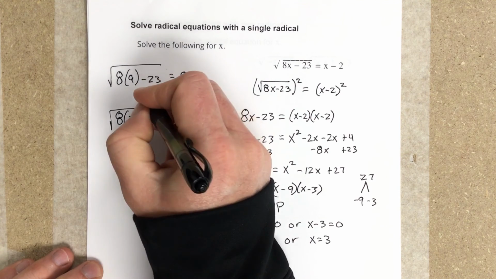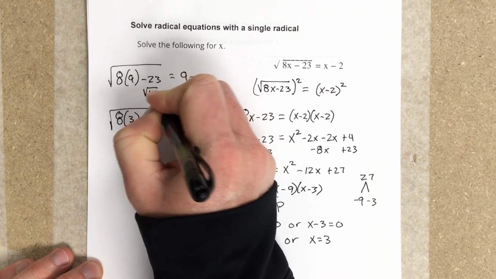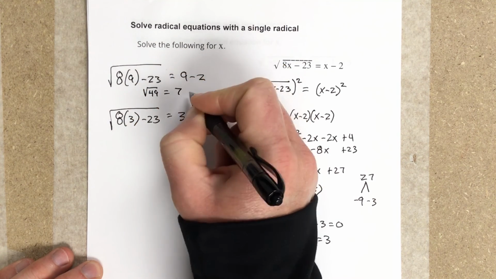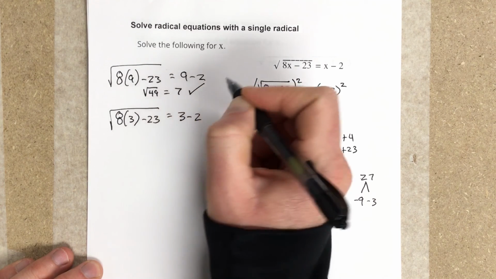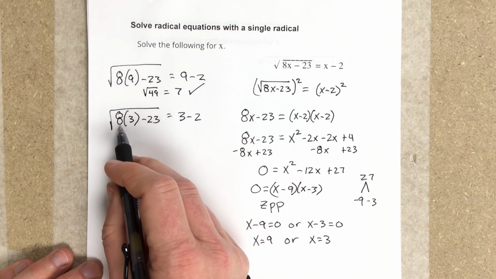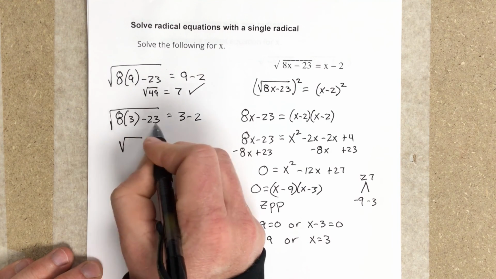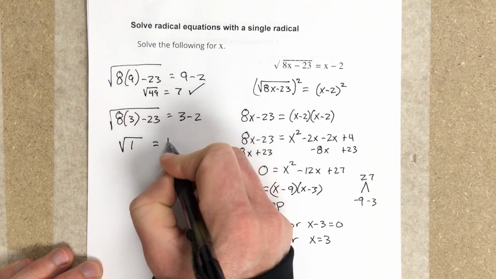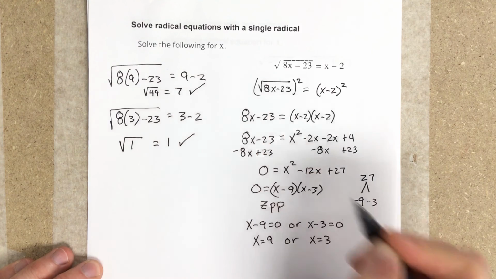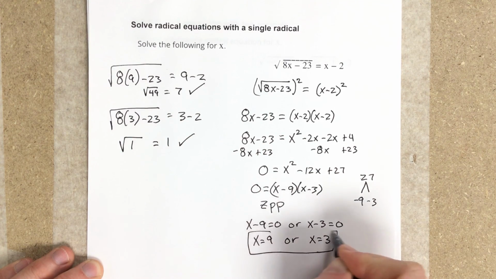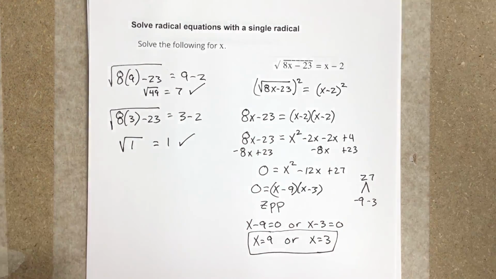We get root 49 is equal to 7. Check mark. That's 7 equals 7. And then this will be root 24 minus 23, which is root 1, equals 1. So we end up with 1 equals 1. Both of these are solutions. That's how you solve radicals with a single radical.